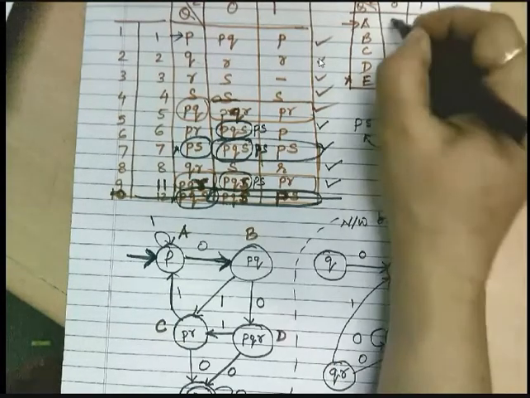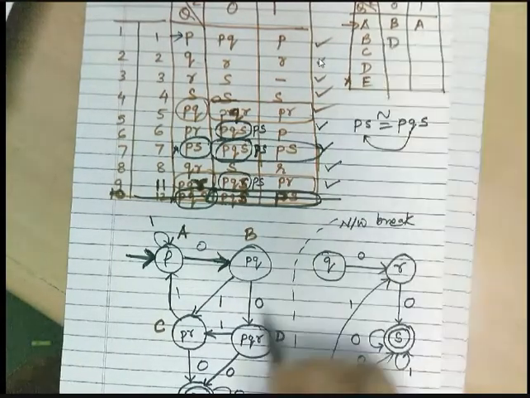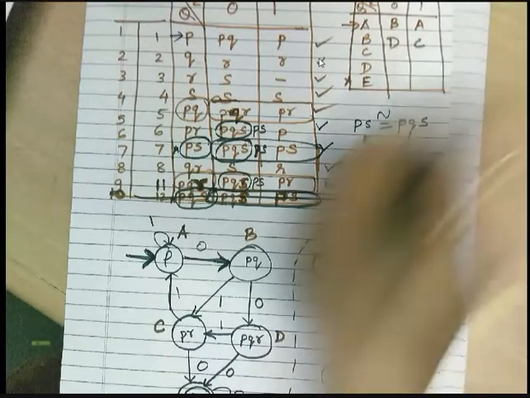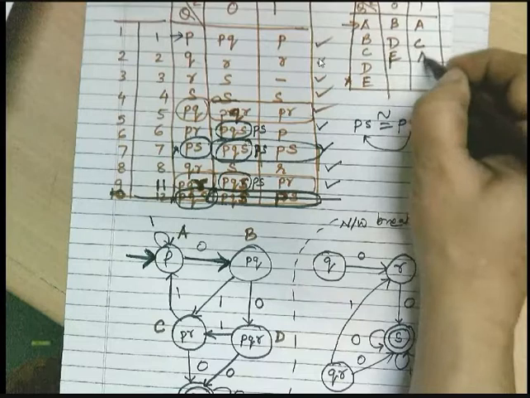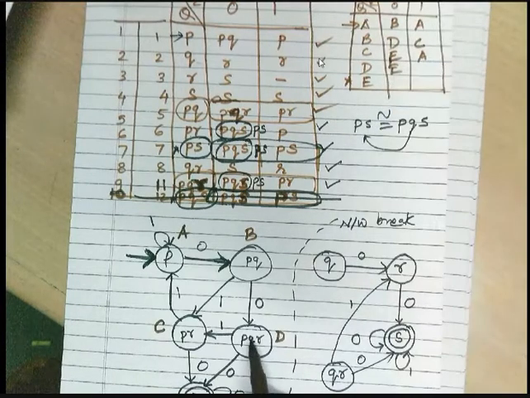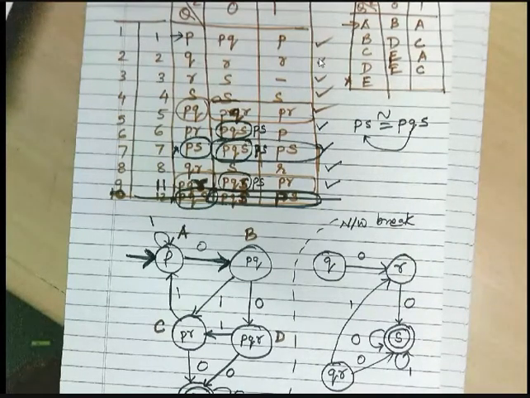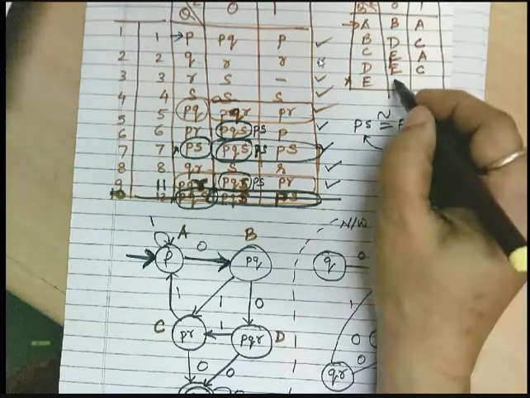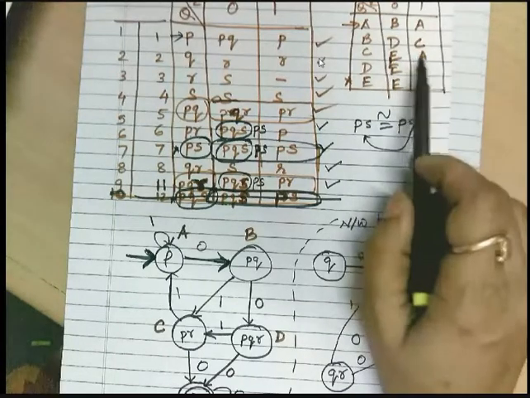A on 0 goes to B, A on 1 goes to A, B on 0 goes to D, B on 1 goes to C, C on 0 goes to E, C on 1 goes to A, D on 0 goes to E, and on 1 goes to C. E on 0 goes to itself, and on 1 to itself. So you'll be having entries like this.